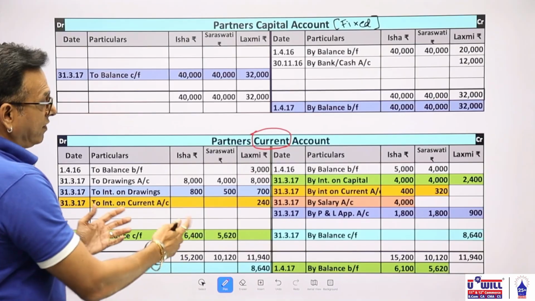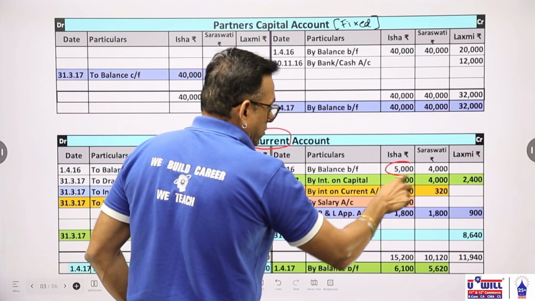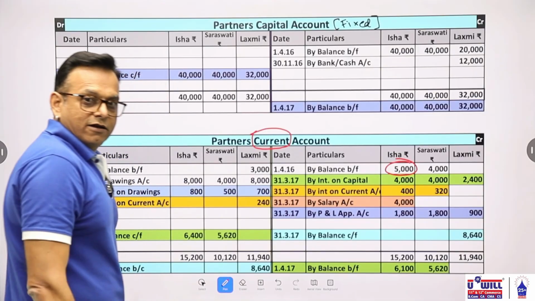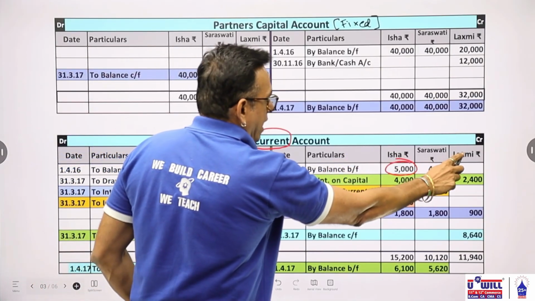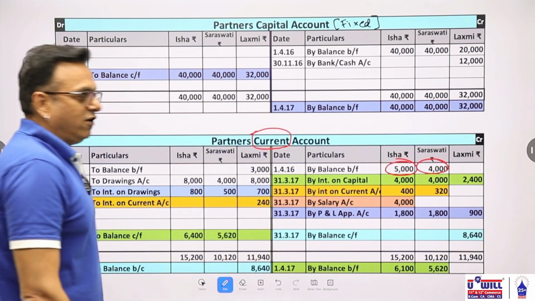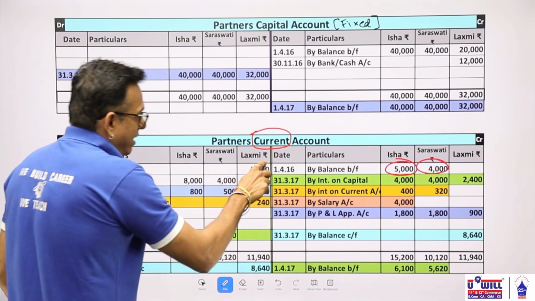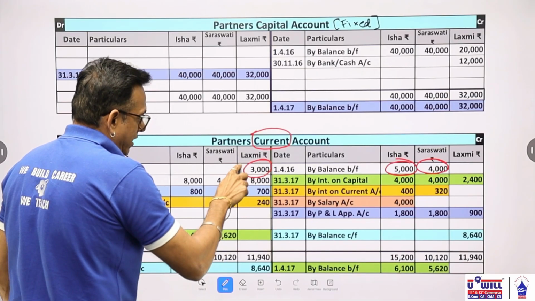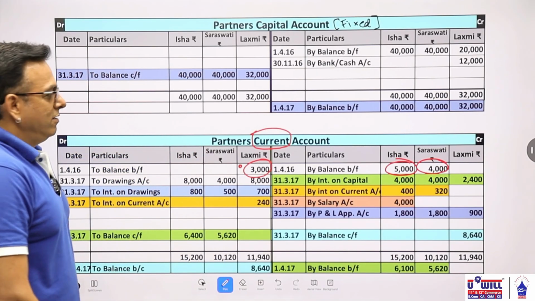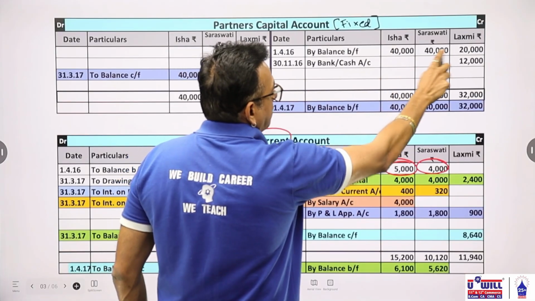Now, you can see over here, in the partners' current account, Isha, Saraswati and Lakshmi. So these are the balances: credit balance of Isha, credit balance of Saraswati, but debit balance of Lakshmi. In capital account, opening balances.